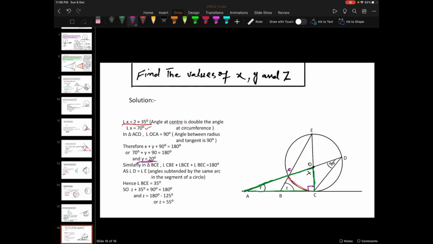It was theorem 2 which I have already taught you. Hence angle BCE is equal to 35 degree. So Z plus 35 degree plus 90 degree is equal to 180 degree. Or Z is equal to 180 degree minus 125 degree. Hence Z is equal to 55 degree.